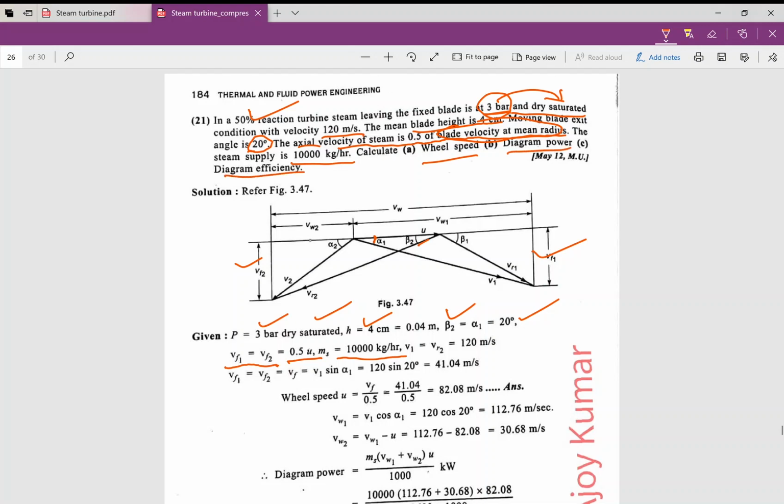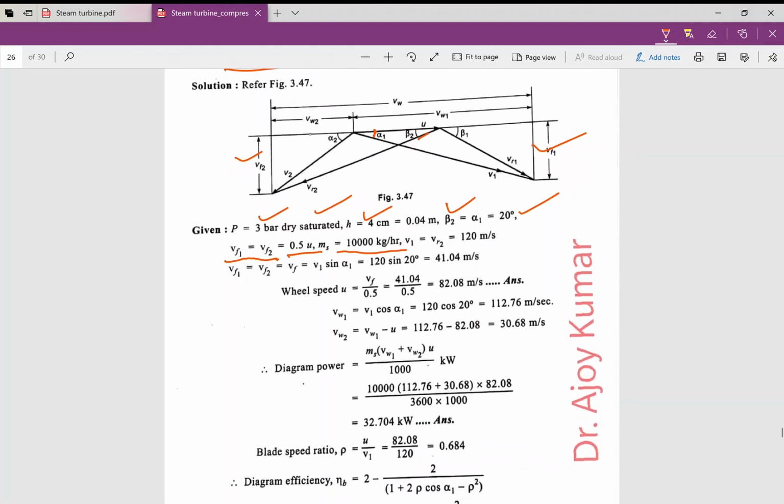So dear students, now let us move to calculate first wheel speed. Wheel speed, with this relation we can write 0.5 times u.